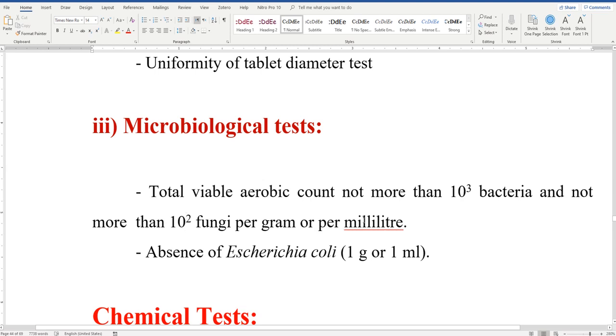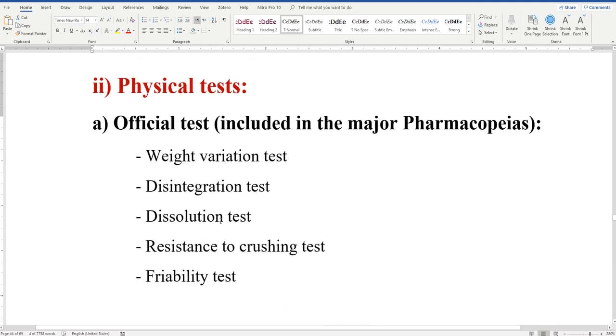In case the preparation is liquid, then it's per milliliter. For E. coli, which is a pathogenic bacteria, how much should it be? Zero. So it's a complete absence of E. coli. This is regarding the microbiological tests.